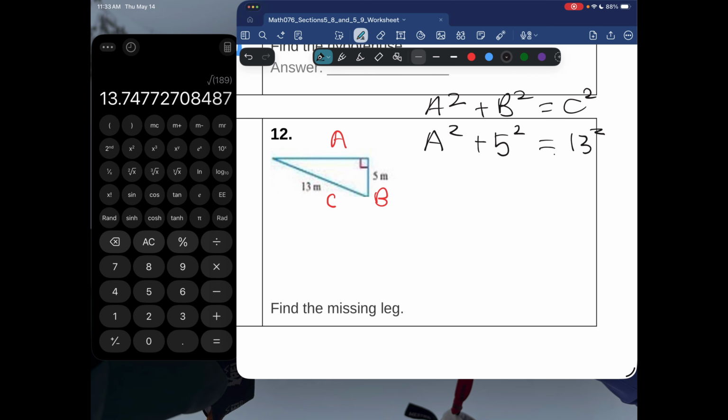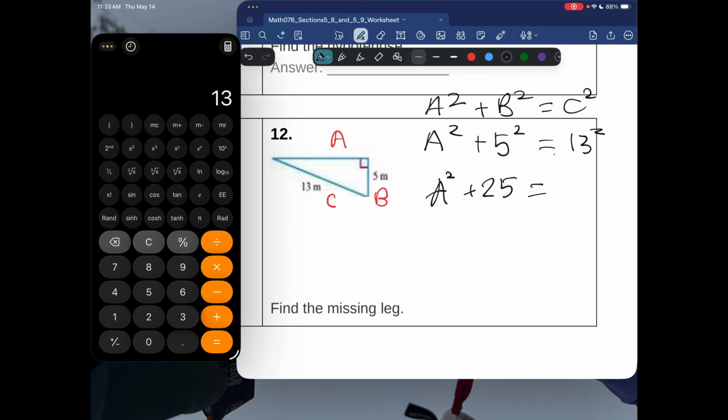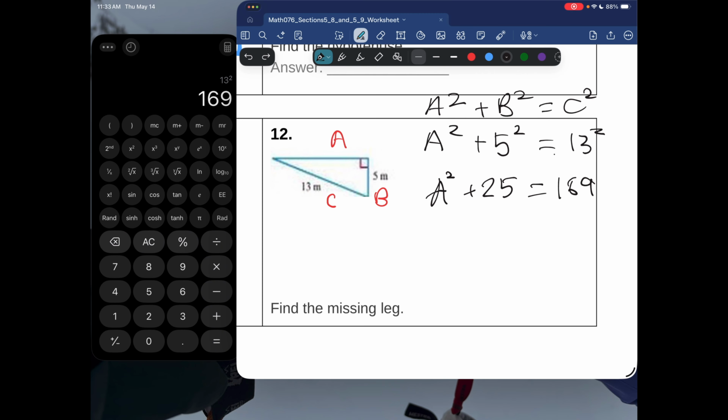Then I'm going to solve my values. I got a squared. That's not a great a. Let's try this one more time. I can do better. a squared plus 25 equals 13 squared. 13 squared gives me 169, and I'm going to solve for a all by itself.